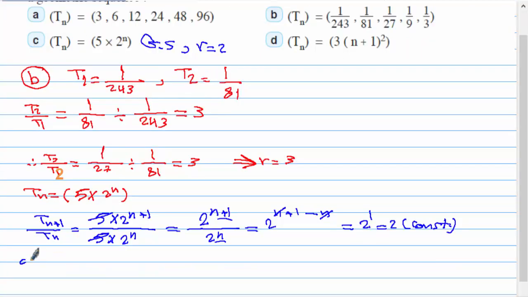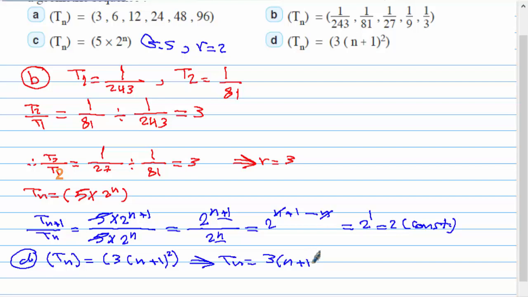Now we have letter D. Tn is a sequence, Tn equals 3 multiplied by n plus 1 all power 2.